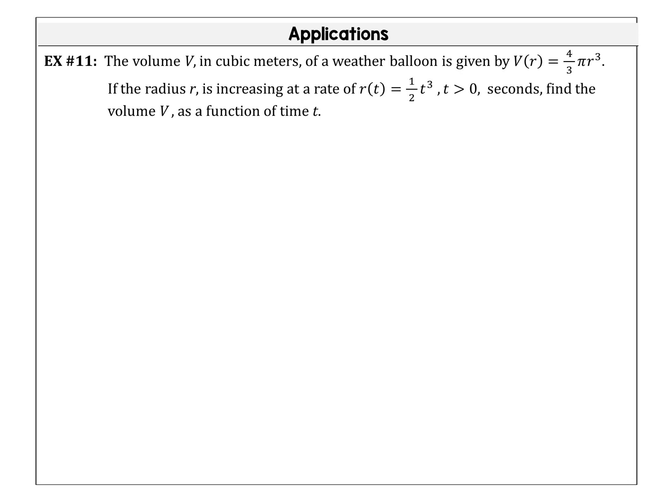It says the volume V in cubic meters of a weather balloon is given as V of r equals 4/3 pi r cubed, which is just the volume of a sphere. If the radius r is increasing at a rate of r of t equals 1/2 t cubed, and t is greater than 0 seconds, find the volume V as a function of time t.